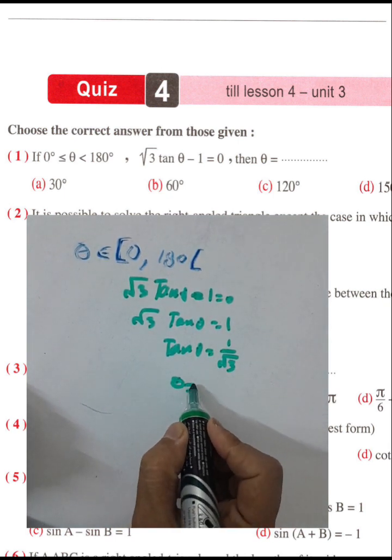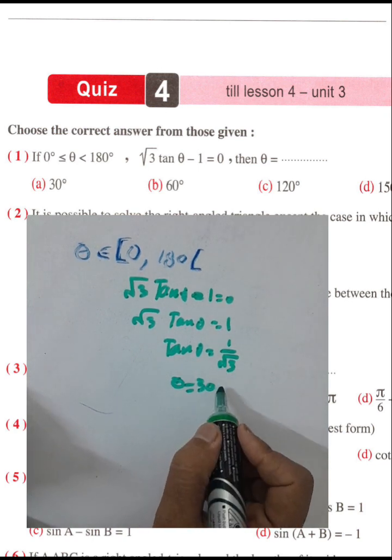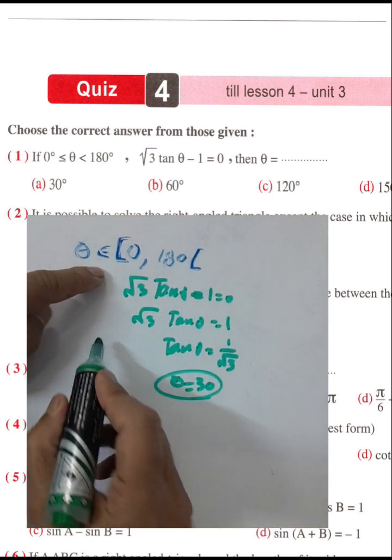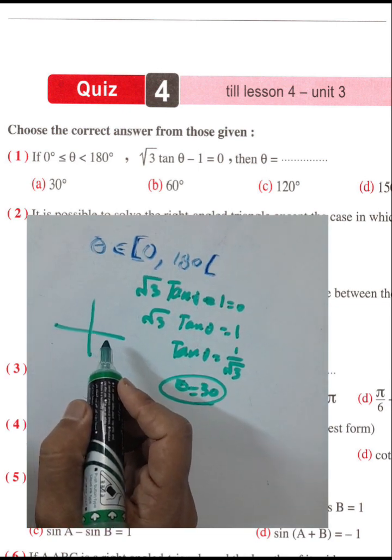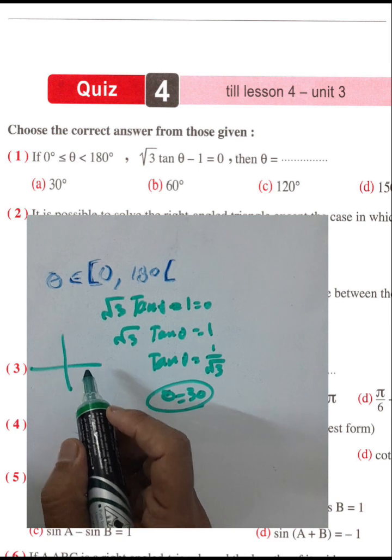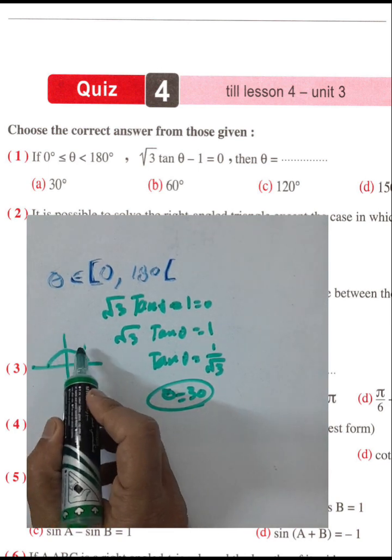We know tan 30 equals 1 over root 3, and it gives us that theta lies in this interval from 0 to 180, first quadrant and second quadrant.